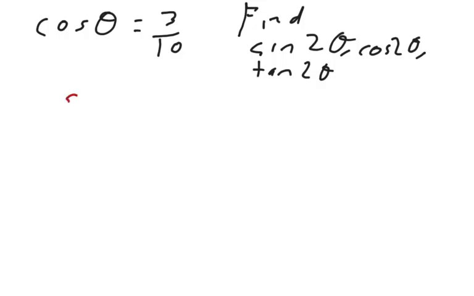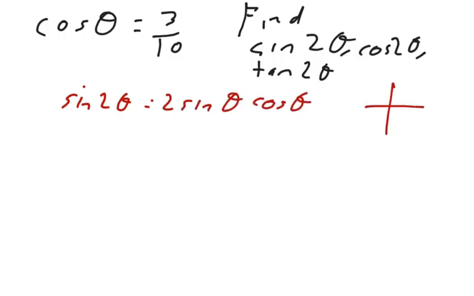Alright, the formula for sine 2 theta is 2 sine theta cosine theta. And we have cosine theta. We'll do this in quadrant 1, since I didn't put it in there before. We got 3 over 10, and we got 3 squared plus b squared equals 10 squared.